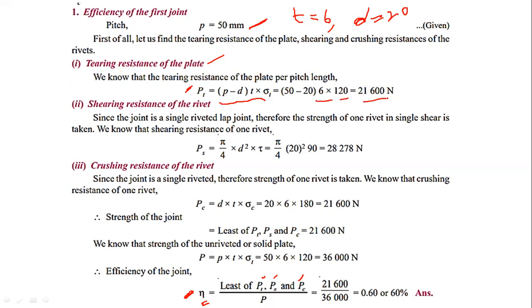So the final value is 21,600 newtons, which is the tearing strength PT. And PS is the shearing strength or shearing resistance of the rivet.